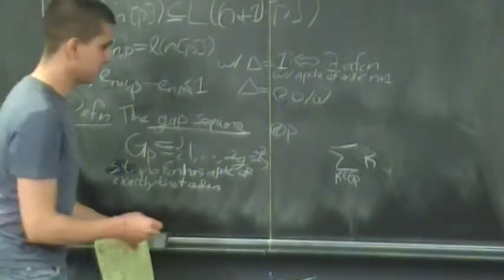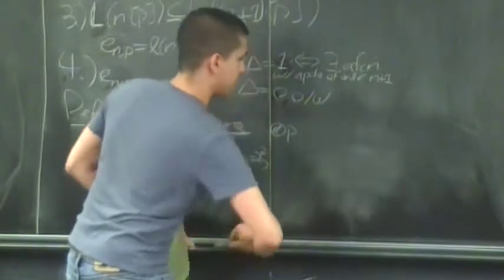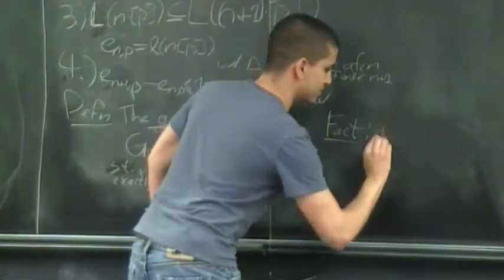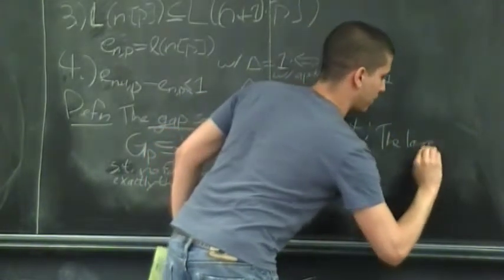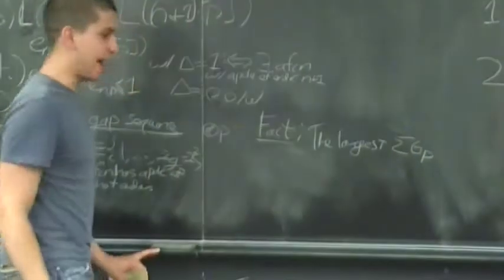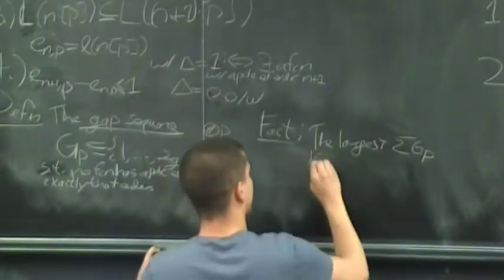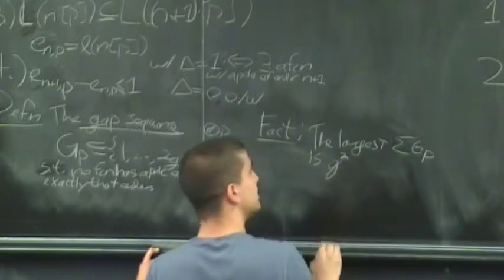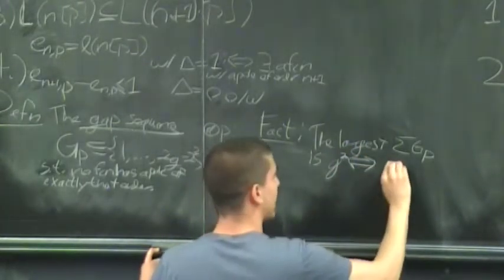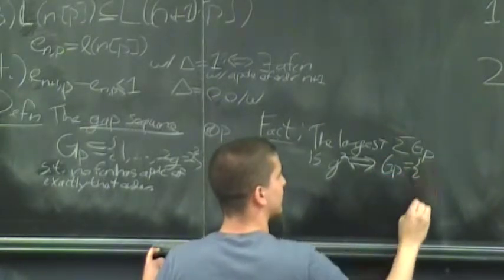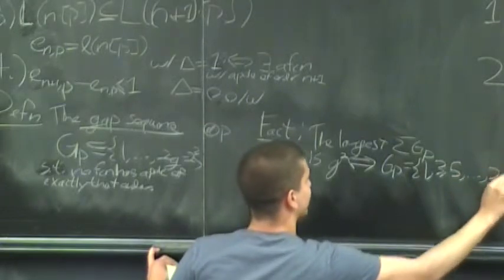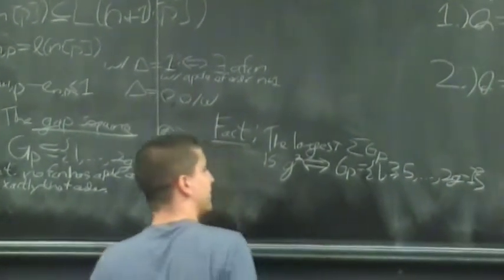We have the following fact: the largest sum of gap values we can have is g squared, which happens exactly when the gap sequence is the set of all odd integers in that range.